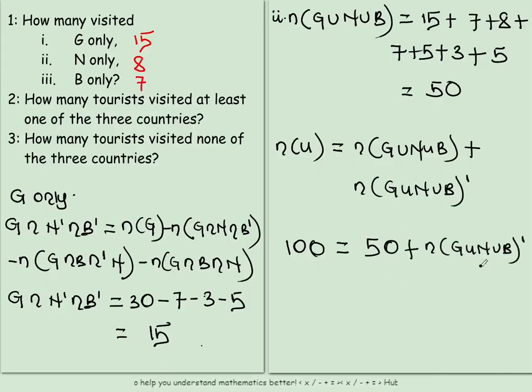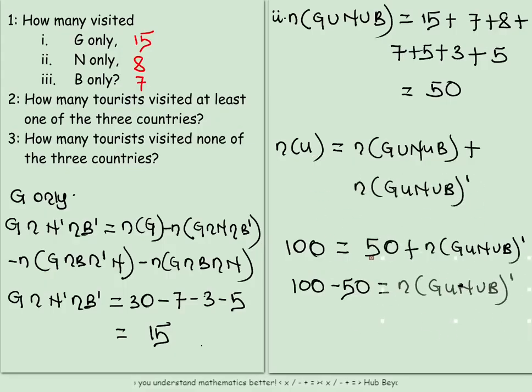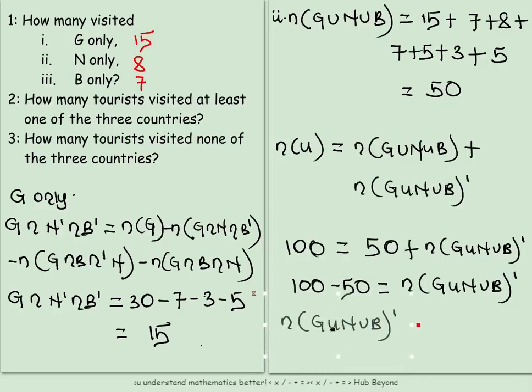So now making this the subject, we are going to say 100 minus 50 is equal to what we are solving. And then making that the subject, it simply means our complement is equal to 100 minus 50, which is 50.